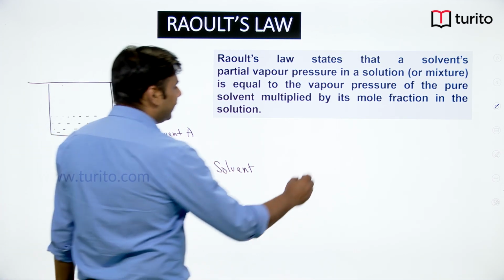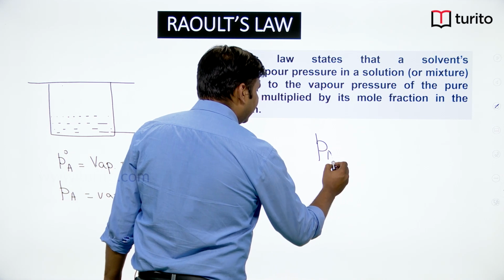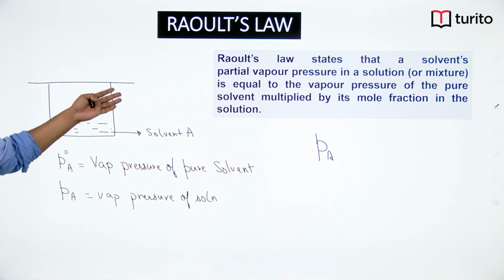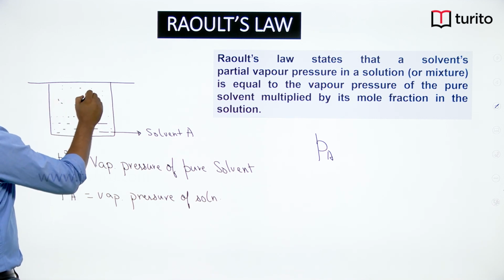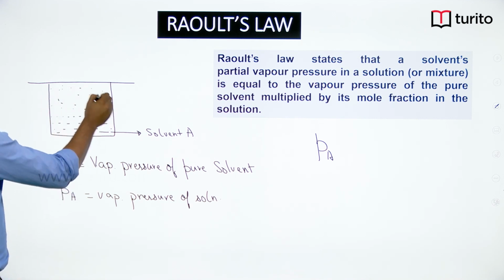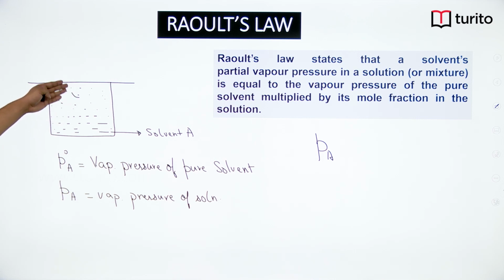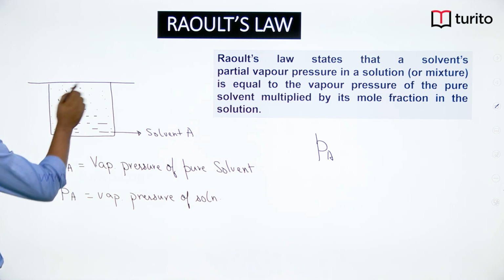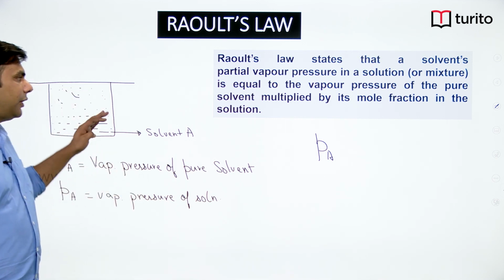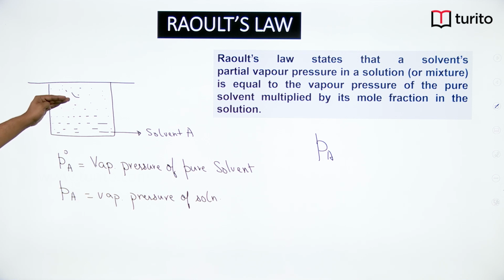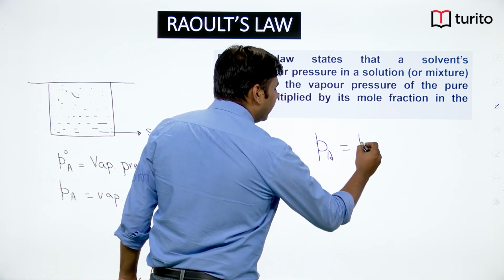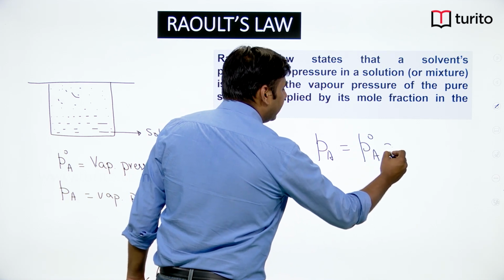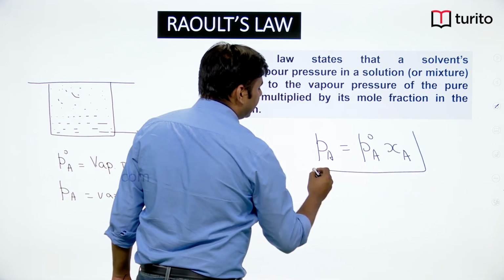So the pressure exerted by the vapor of the solvent, I hope you have understood that this is the vapor phase, will always be equal to the product of the vapor pressure of the pure component and its mole fraction in the liquid phase.